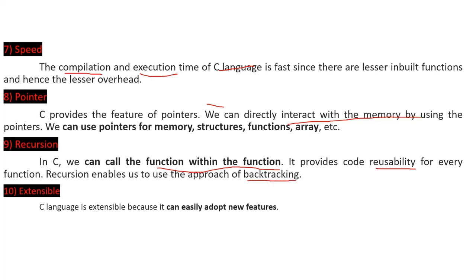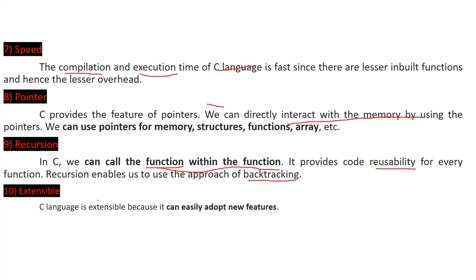So when we use two functions or two different programs, instead of this, we can call a function within the same function. This is the main feature which will be used in for loops, arrays, linked lists, like that.